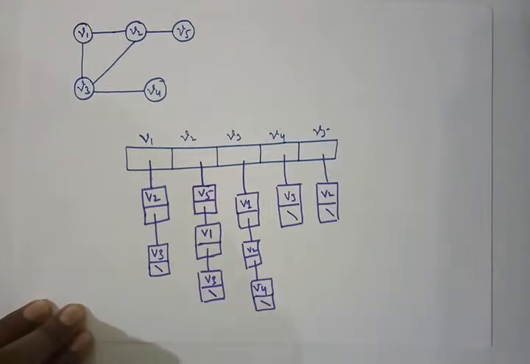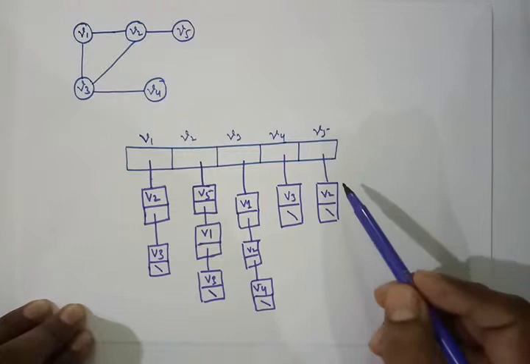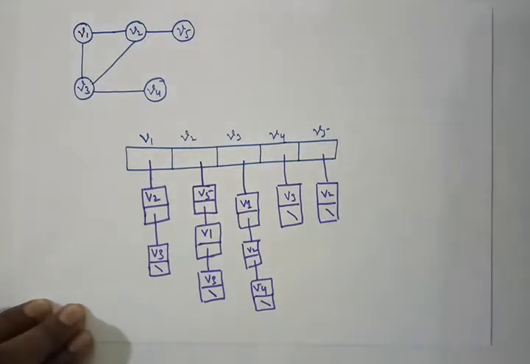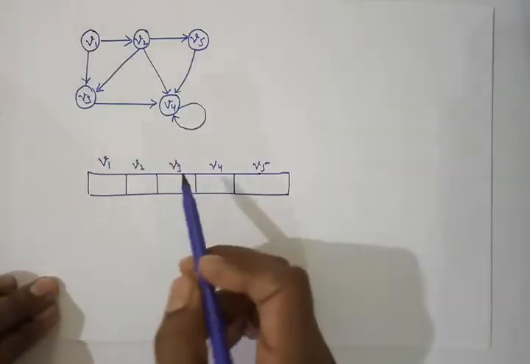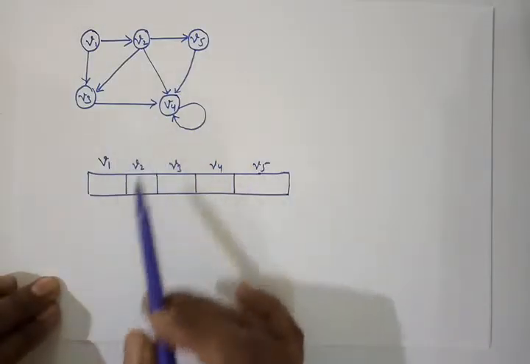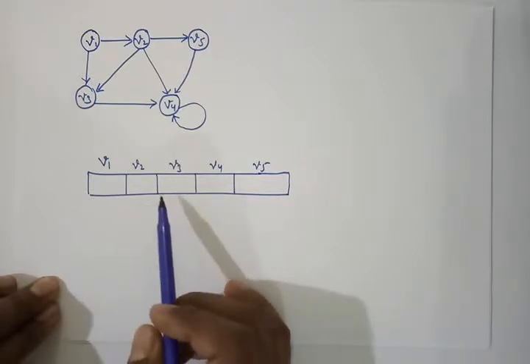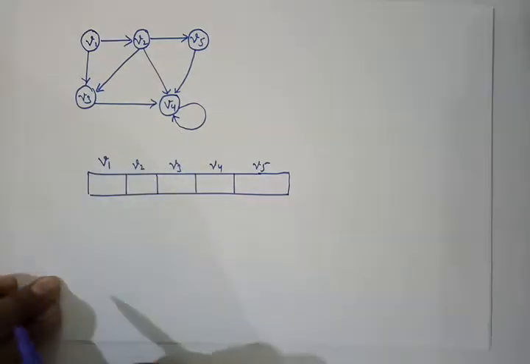The next example we take is for a directed graph. We take a directed graph and create the adjacency list for that graph. So this is our directed graph, and we create the adjacency list representation for this graph.